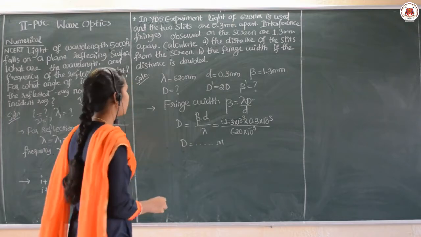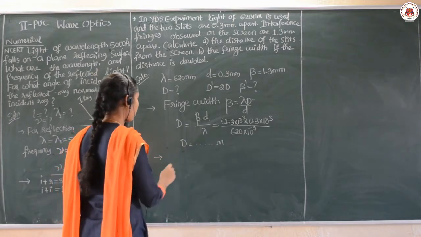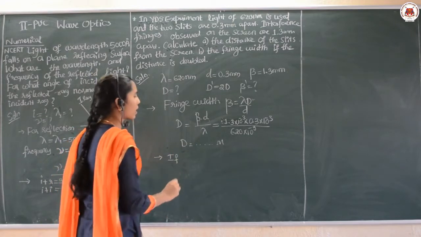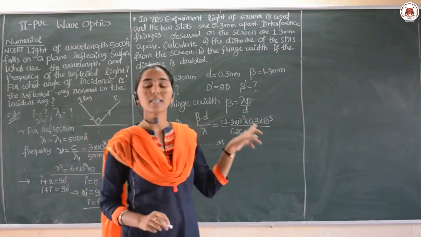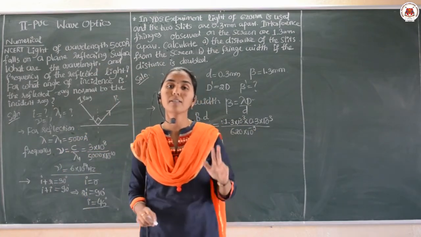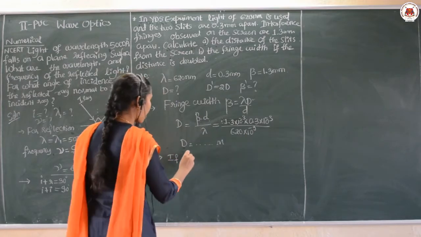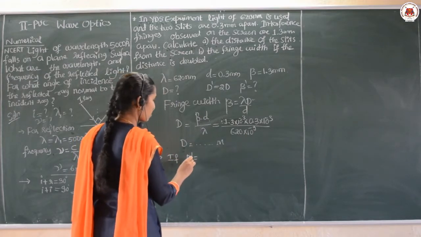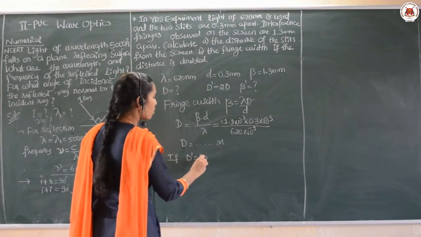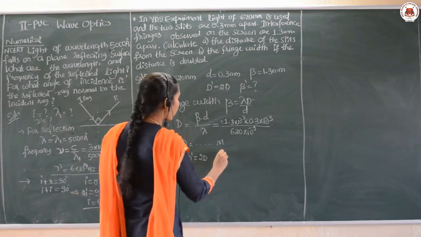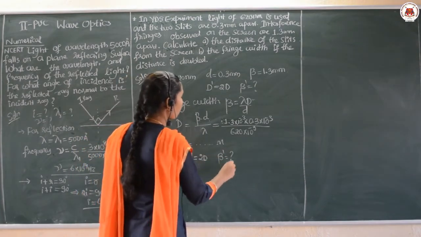Yes. Then the next question is, if the distance is doubled, made twice the initial one, that means I can take the new distance D dash is equal to 2D, then what will be the fringe width?